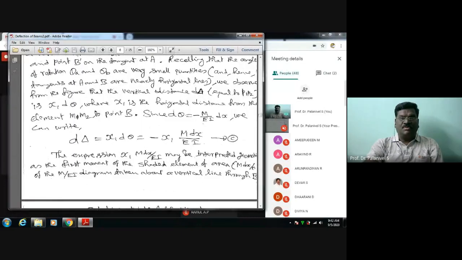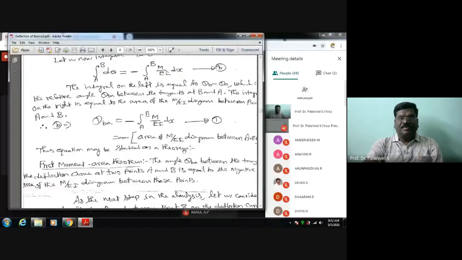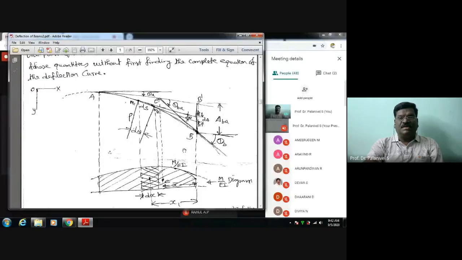For that, see here, we come here. In actual practice, this deflection will be very minute, right? So the tangents at M1 and M2 will be almost horizontal.